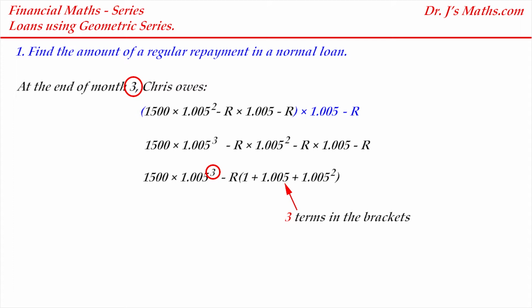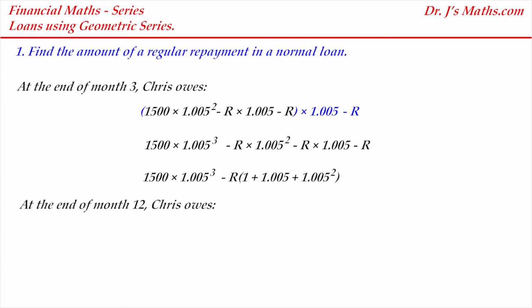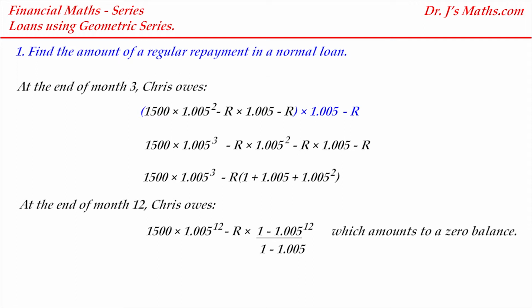So we can generalise this. At the end of 12 months, we're just going to replace the 3 with a 12. So Chris owes $1,500 times 1.005 to the 12th minus the repayment, and then we use our geometric series sum and 1.005 to the 12th over 1 minus 1.005, and of course at the end of 12 months that's a zero balance because he's paid his loan back.